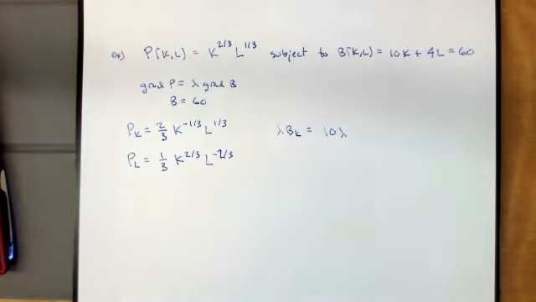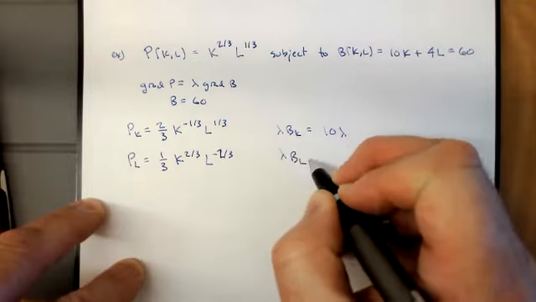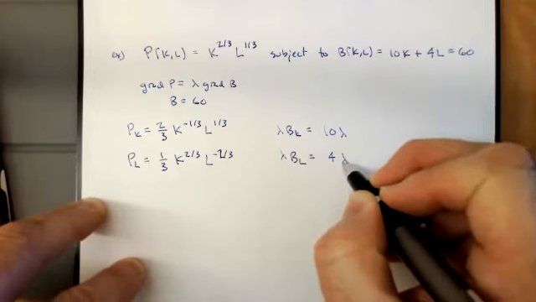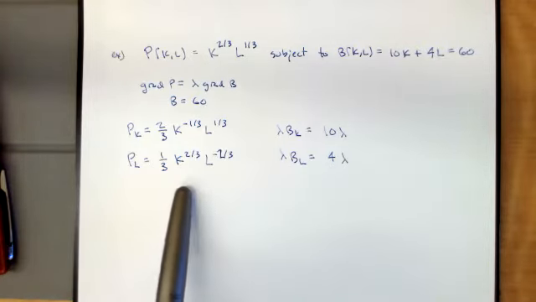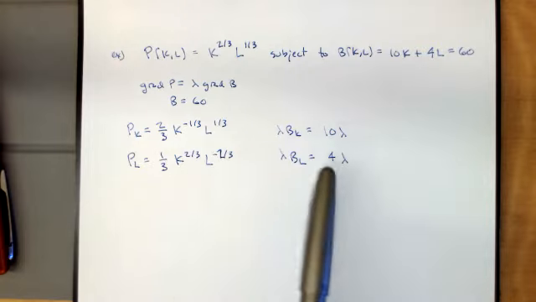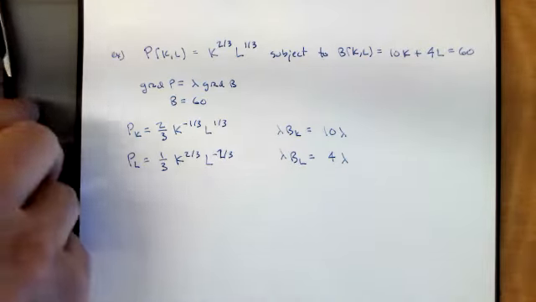I also need lambda times BL. So over on this side, I got the components of gradient of P. Over on this side, I got the components of lambda times the gradient of B. I want these to go in the same direction, so I'm going to set them equal to each other.